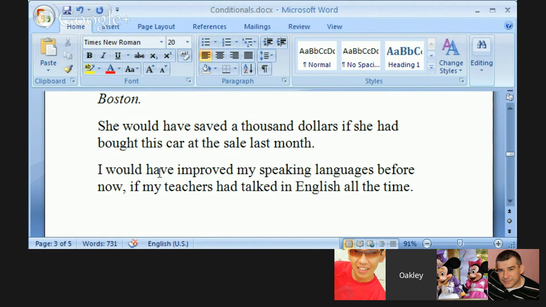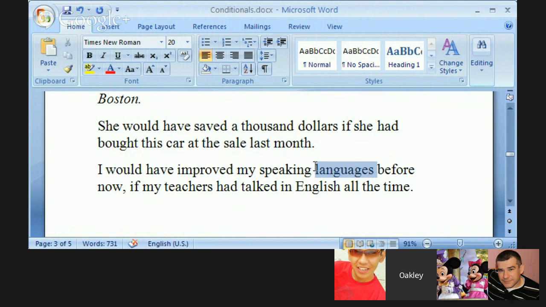I would have improved. Well, there it is. Modal perfect. My speaking languages. Grammatically speaking, technically speaking, this is not incorrect. There's nothing wrong here. Microsoft is not giving me a green line and telling me to do this over.